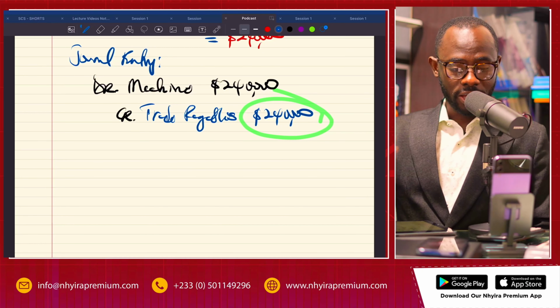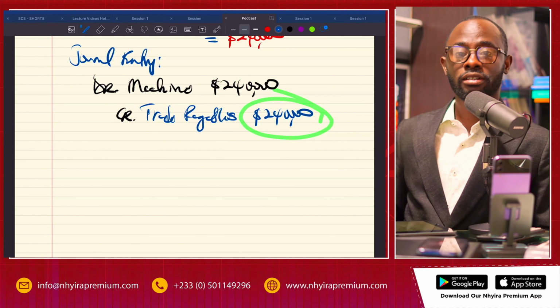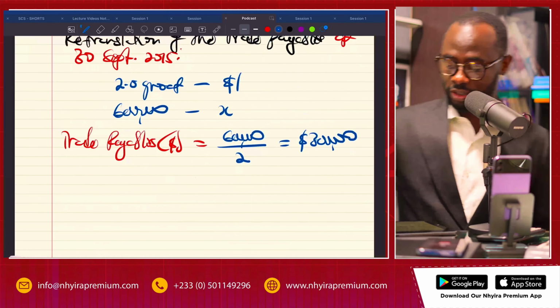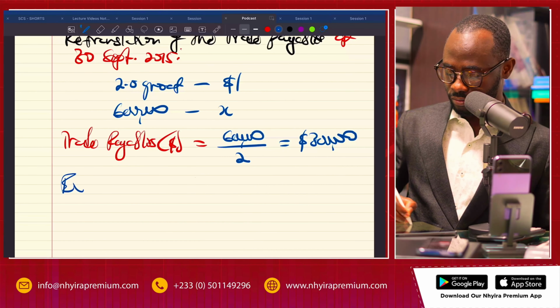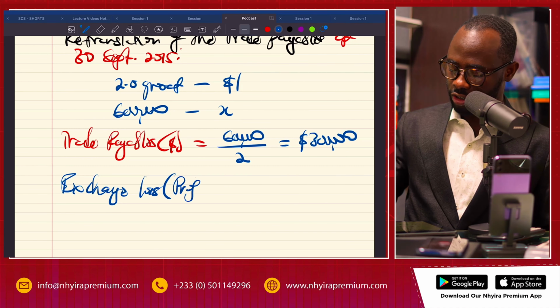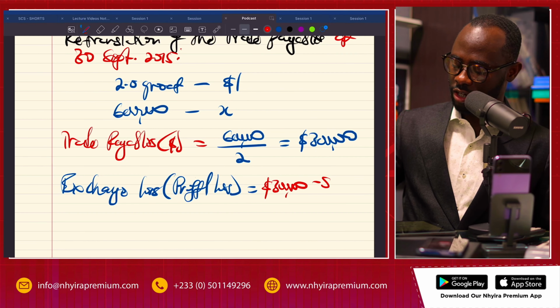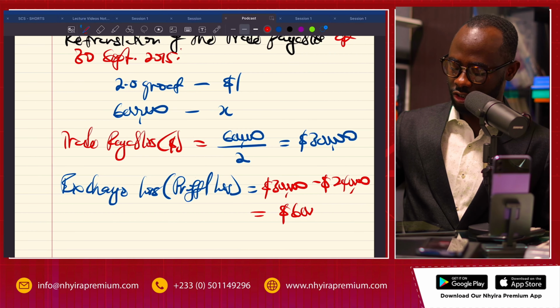So that movement is an exchange loss and must be recognized in the P&L account. The exchange loss, which will go to profit or loss, will be the difference, which is the 300,000 minus the initial value 240,000, and that's going to be $60,000.